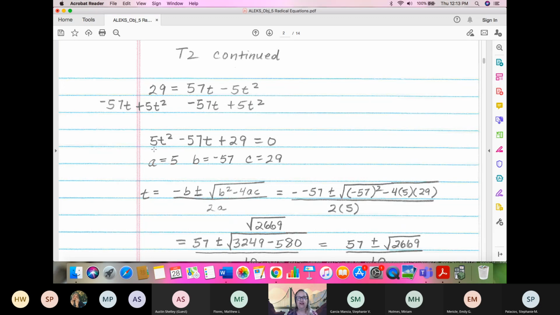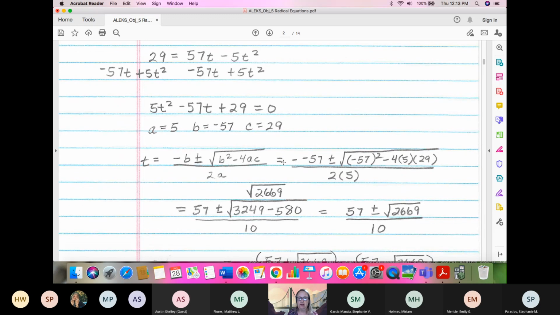And so let's identify a, b, and c. A is 5. It's the coefficient of the squared term. B is the coefficient of the t to the first term here, which is negative 57. C is 29. It's the constant.